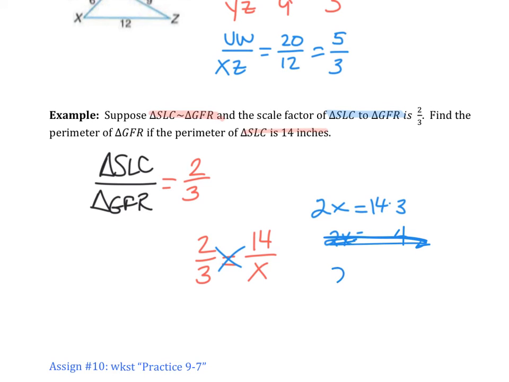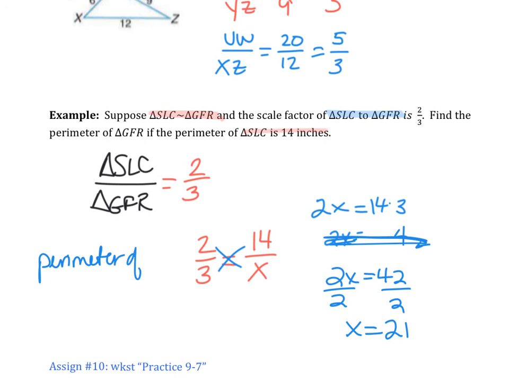So 2x is equal to 42. Divide both sides by 2. I've got x is equal to 21. So the perimeter of triangle GFR is 21 inches. Again, that was using those proportions and that scale factor ratio.